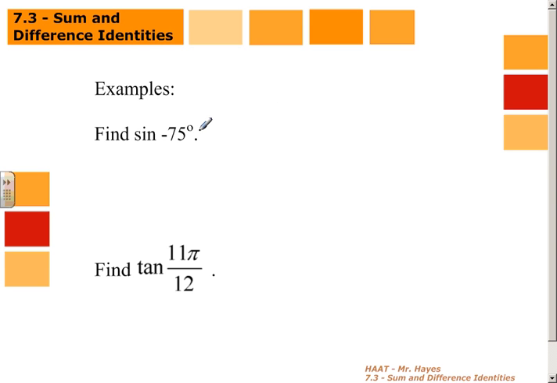So like in this case here, I could have written this as sine of a negative 30 plus a negative 45 degrees. Or you could do it as sine of a negative 30 degrees minus 45 degrees. That would work.